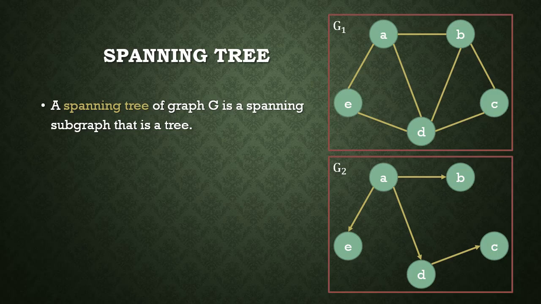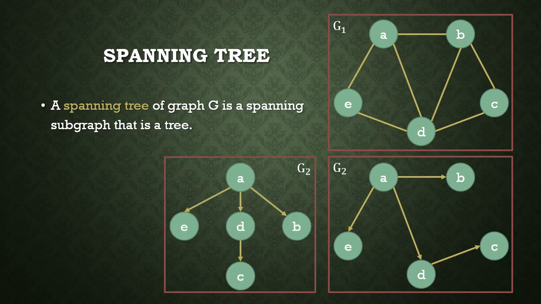And now I have in G2 an acyclic connected digraph. This becomes a tree. If you are not convinced, let me rearrange the nodes for you.